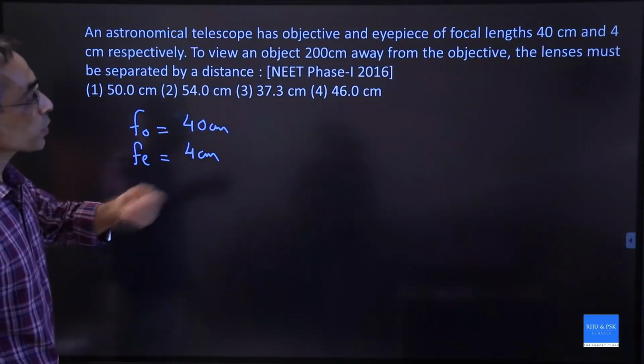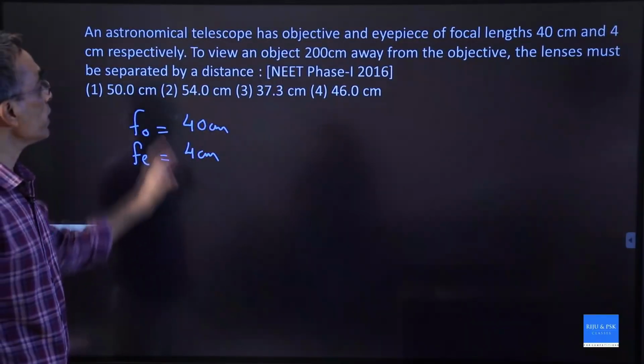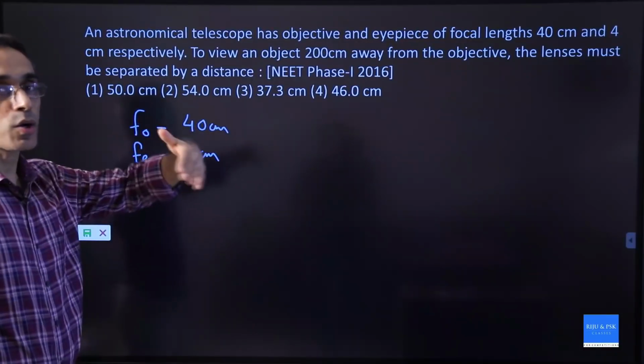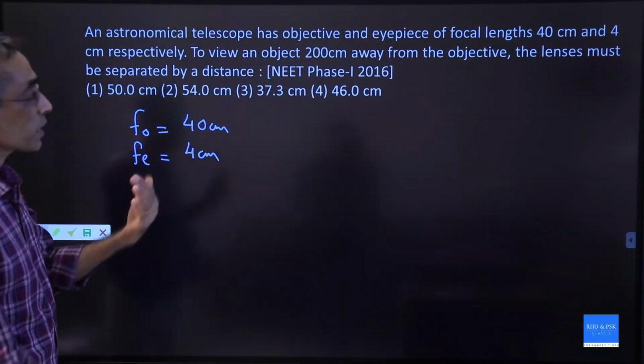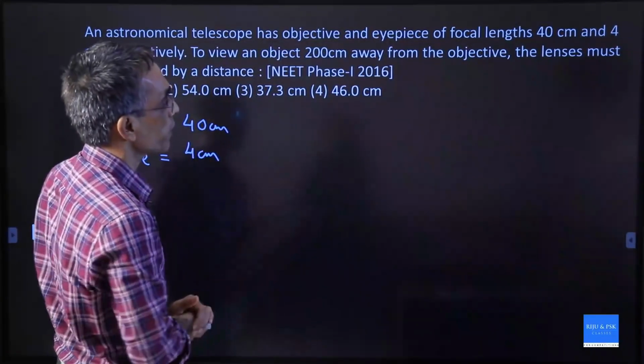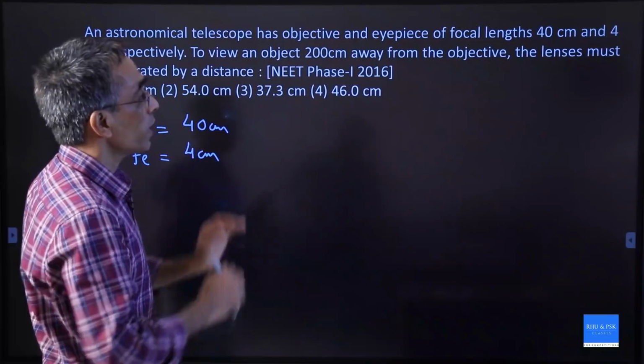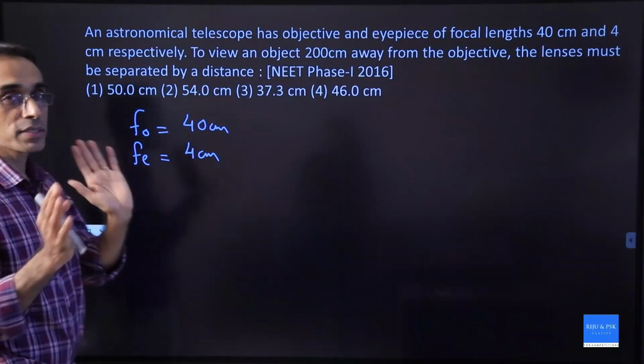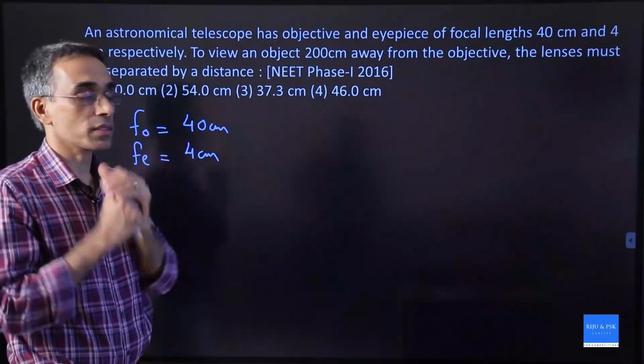To view an object 200 centimeter away, normally telescope take objects from distance, but here object is only 2 meter away. So there is an object which is 2 meter away from the objective lens. The lenses must be separated by a distance. What must be the distance between the two lenses?